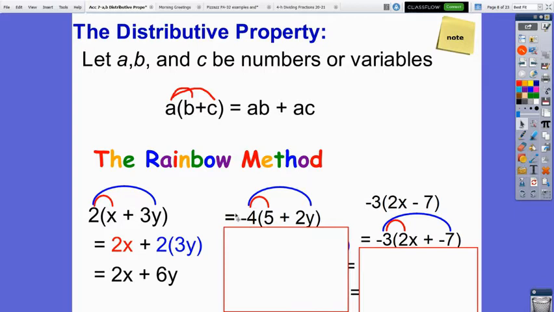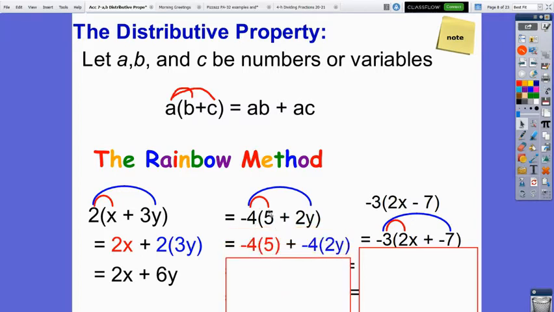Be careful. Sometimes you have negative numbers involved in this. So negative 4 times the quantity 5 plus 2y is the same as negative 4 times 5, first half of the rainbow, plus negative 4 times 2y. That's negative 20 plus negative 8y.